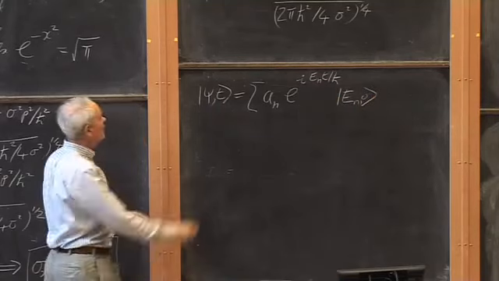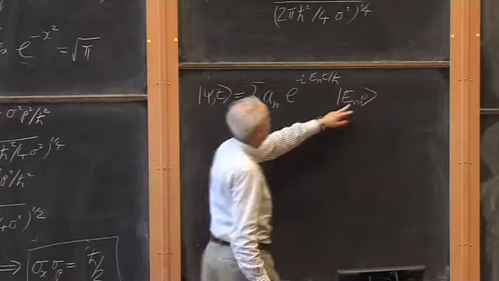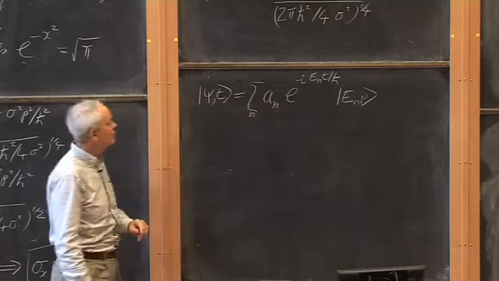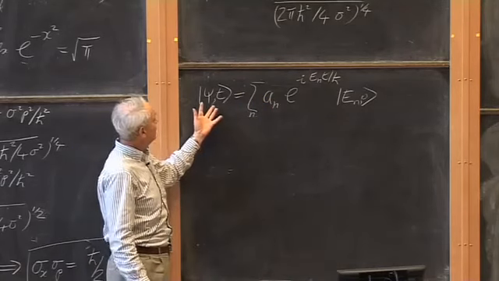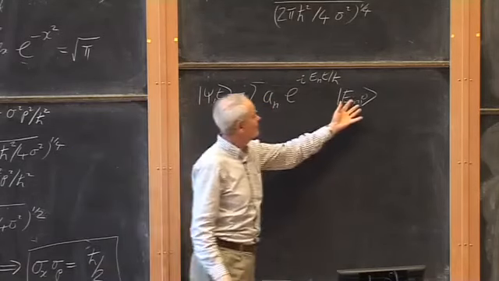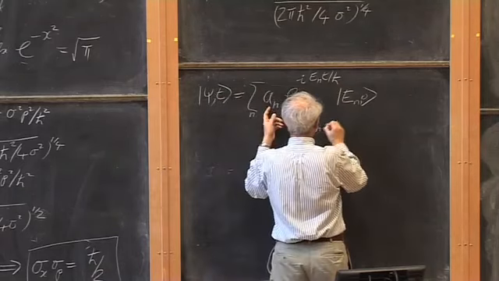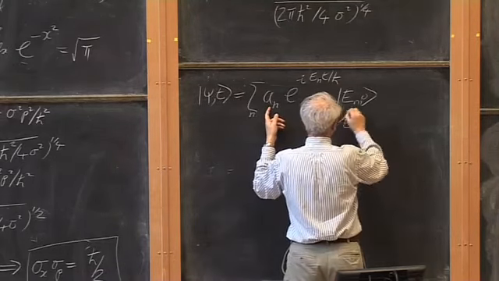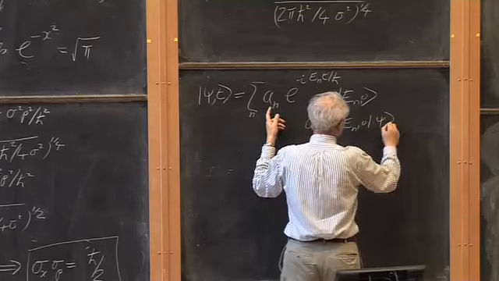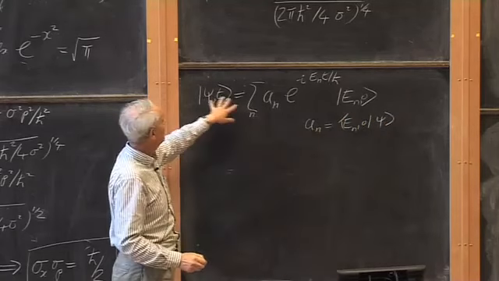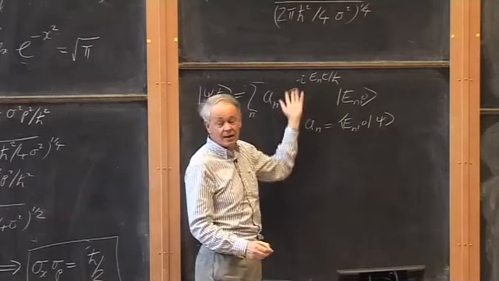Remember, this is why these states of well-defined energy, the stationary states, are so important, because they enable us to evolve in time a system where a_n is equal to the overlap of E_n with psi. These set the initial condition for the calculation, and the time evolution is given by these exponentials.